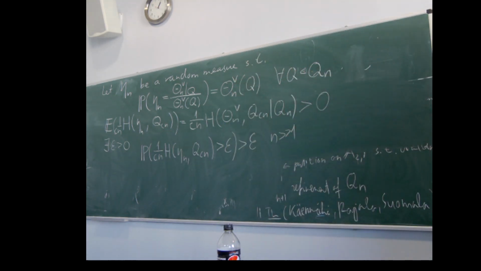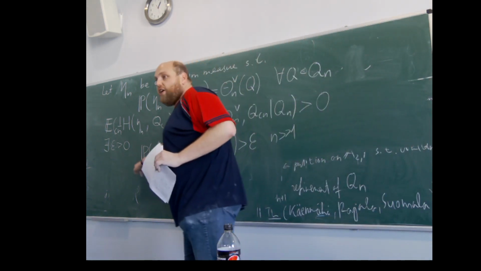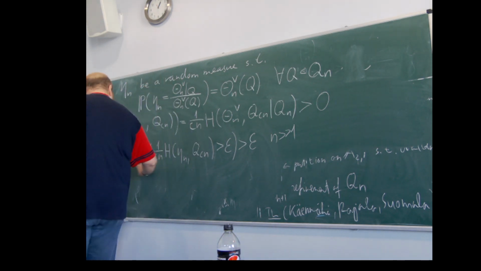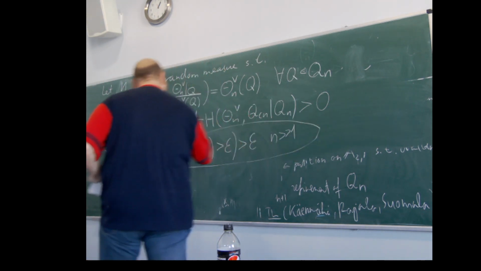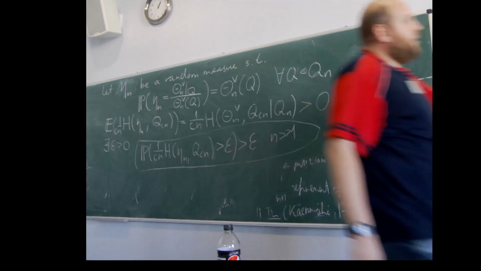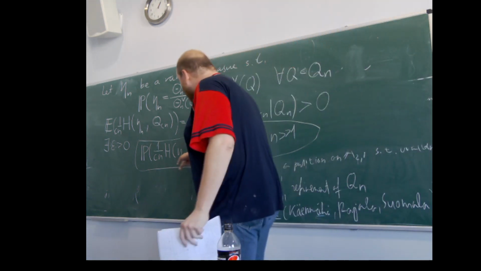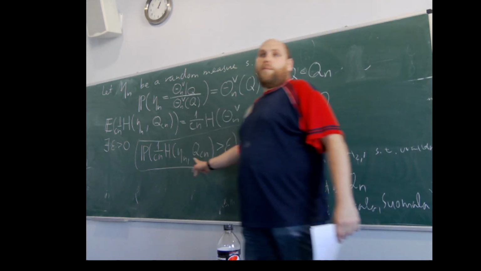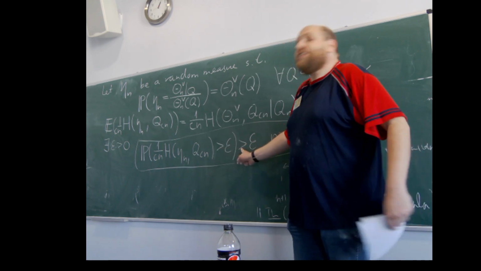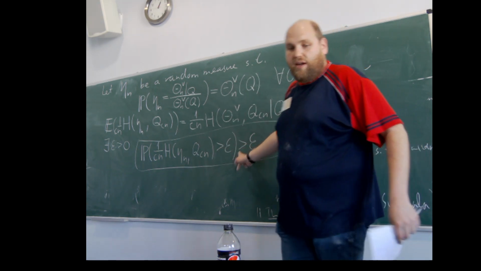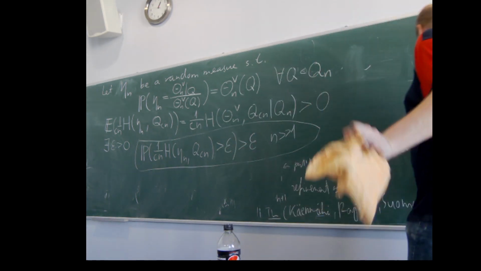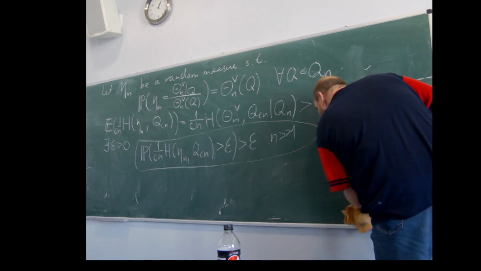Of course, this is just in the limit positive, so we have this only for sufficiently large n. So the only thing we get out of our assumption that D is strictly smaller than this one is the fact that we have a bunch of measures with positive entropy, with at least some positive probability. And basically, that's enough.